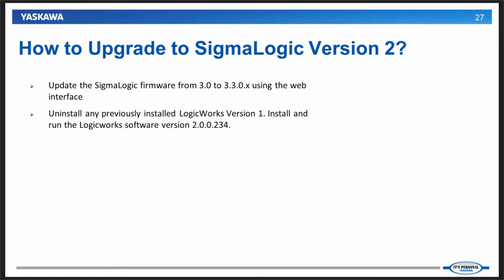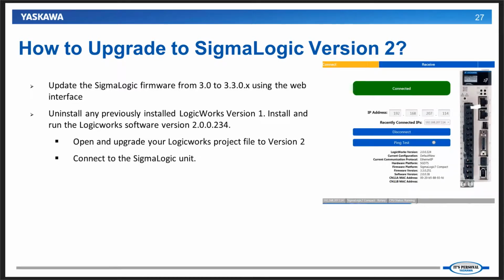And after that, uninstall any Logicworks version 1 software previously installed on your computer, before installing Logicworks version 2. The official released version is 2.0.0.234. Once you install Logicworks, open your Logicworks project file created in version 1, just like you normally open a project file, and update to version 2.